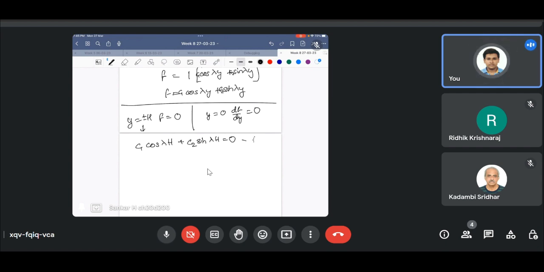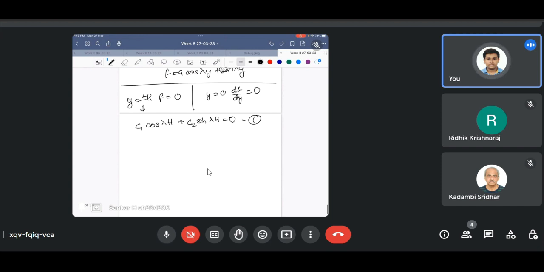This will be equation number 1. If I put equation number 2, I'll get minus C1 lambda sine lambda times 0 plus C2 lambda cos lambda times 0 should be equal to 0.